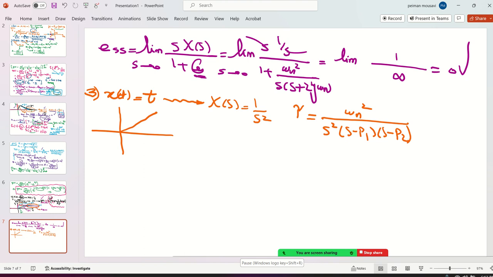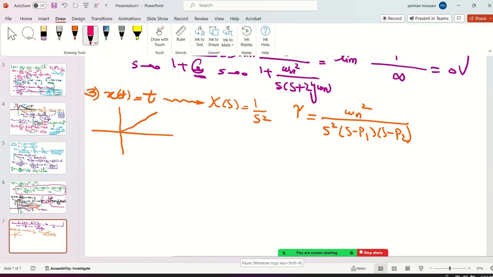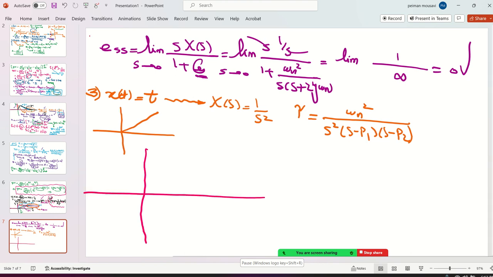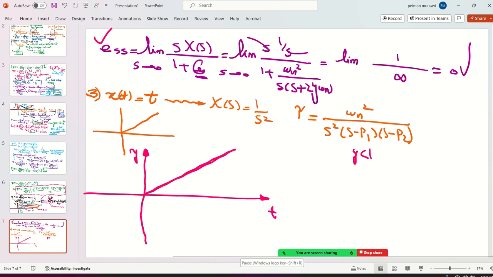So I'm gonna plot everything here this time. y(t). And this is your input, x, ramp. If your system is underdamped, I'm gonna prove this mathematically, okay?